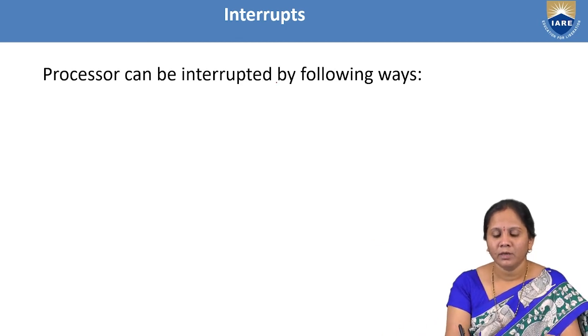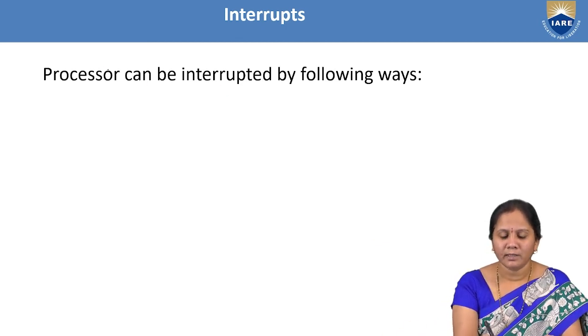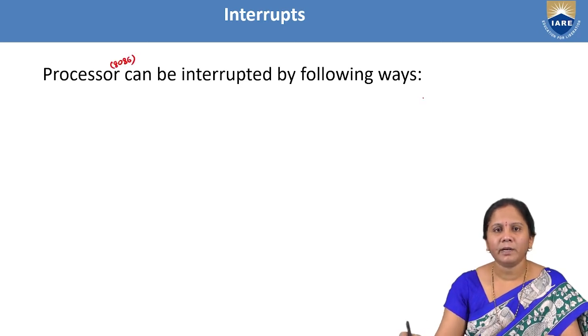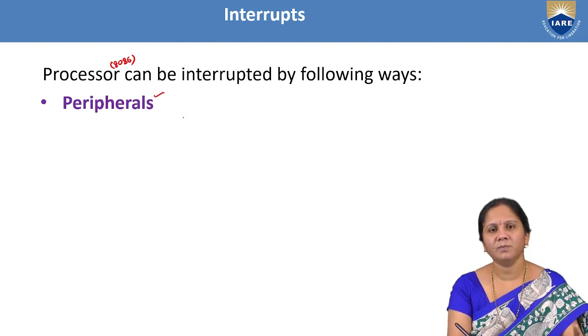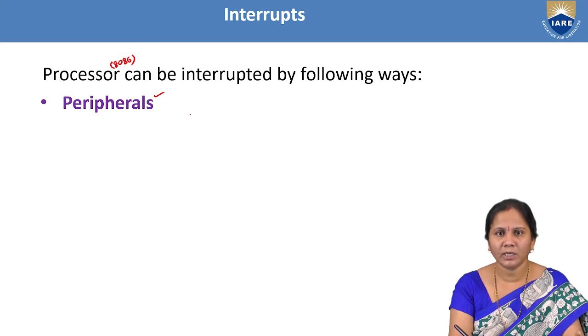Now, the processor, that means the 8086 microprocessor, can be interrupted in different ways. What are the different sources that generate interrupts? One is peripheral devices. Peripheral devices means IO devices, external devices.